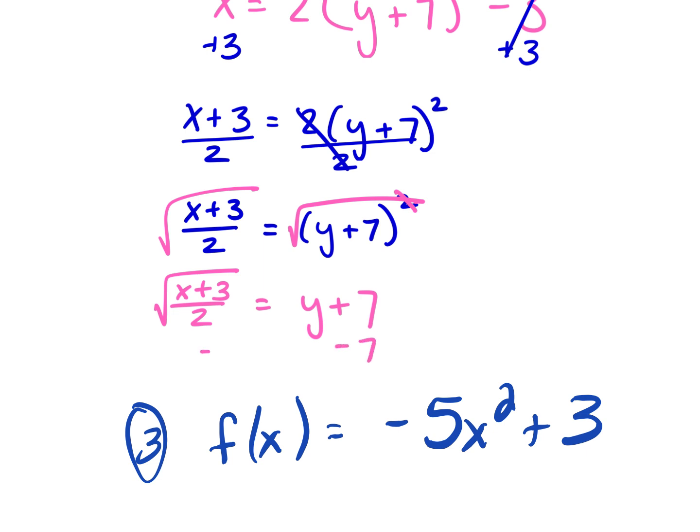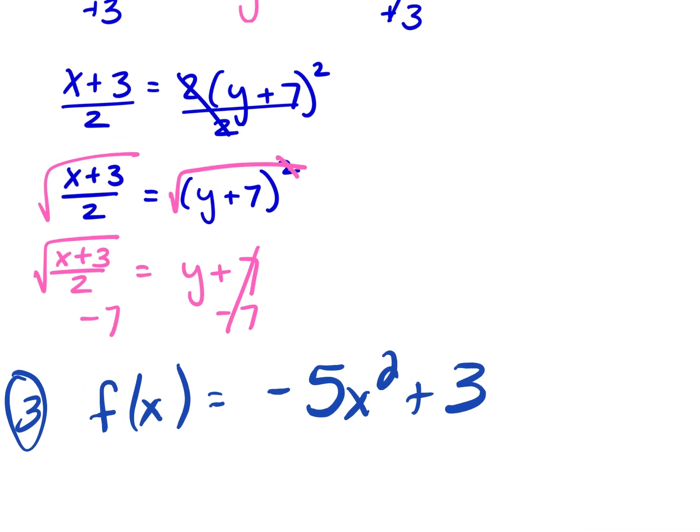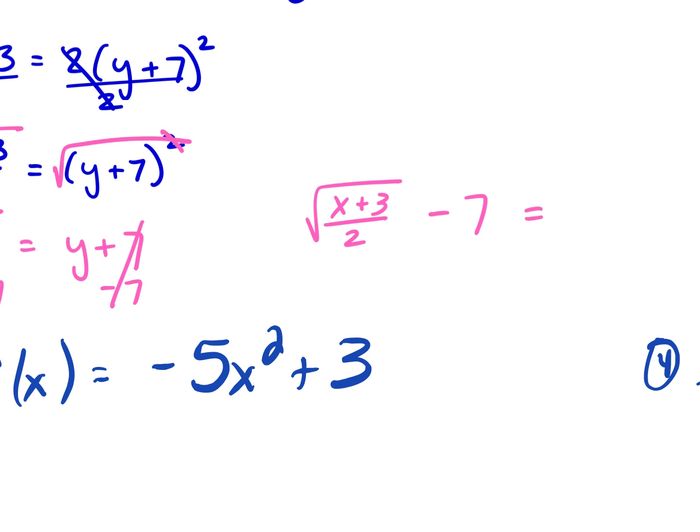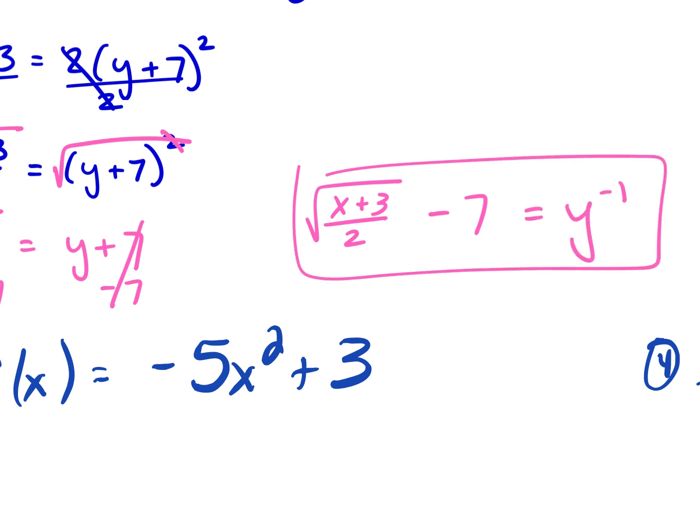Subtract 7. Now that 7's not going to be under the square root, so it's just going to stay next to it. So I have the square root of x plus 3 over 2 minus 7, so that minus 7's just on the outside, equals the inverse of y. So don't forget to name the y as the inverse.